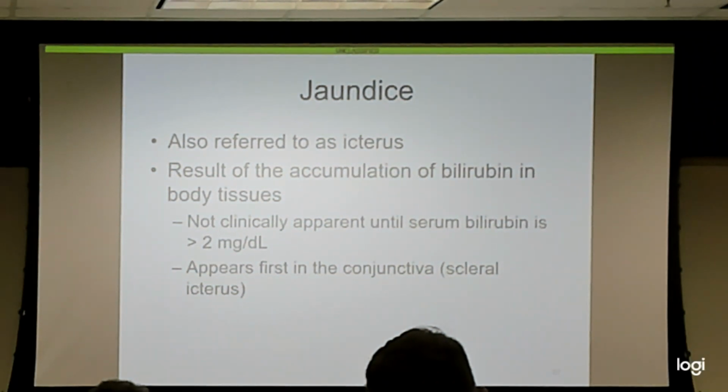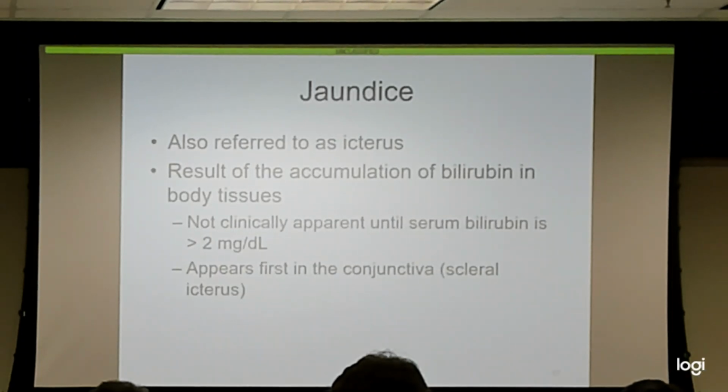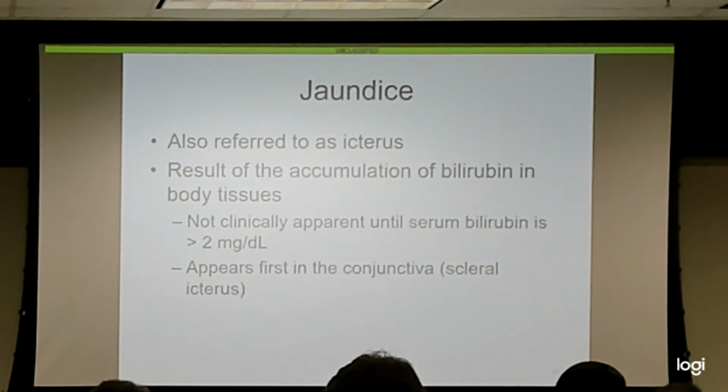Jaundice. Jaundice, also referred to as icterus, results from the accumulation of bilirubin in body tissues. So if it's not going down where it needs to go, it goes up into the circulatory system and it deposits. The first place it deposits is in the sclera. So what's it called when you've got yellow eyes? Icterus. And then it goes into the palms of the hands and the soles of the feet, which get yellow.